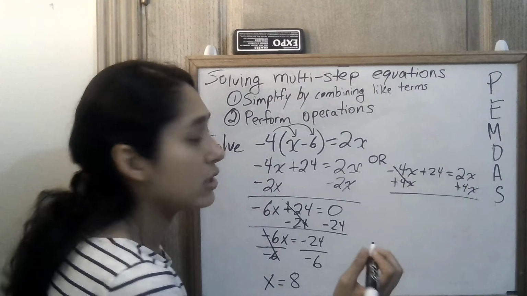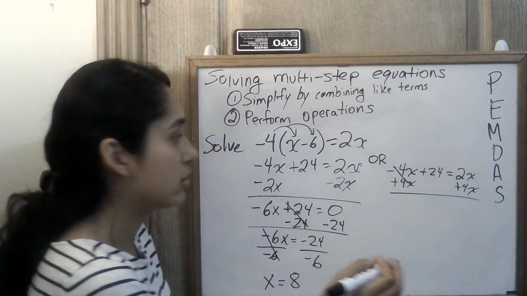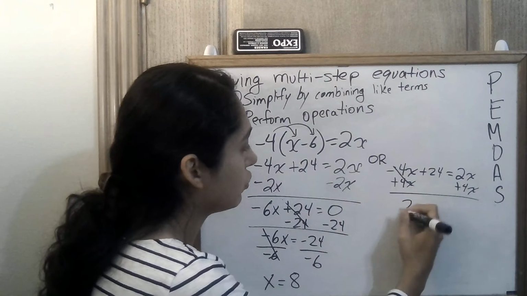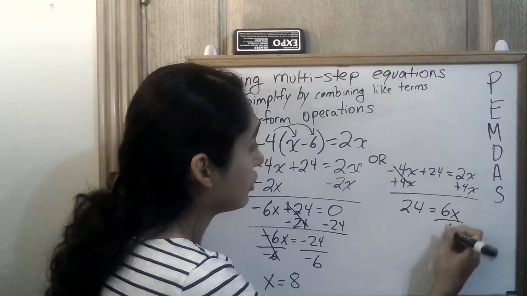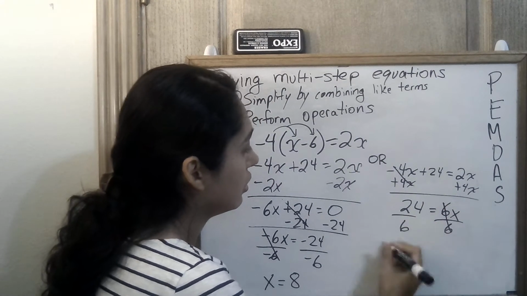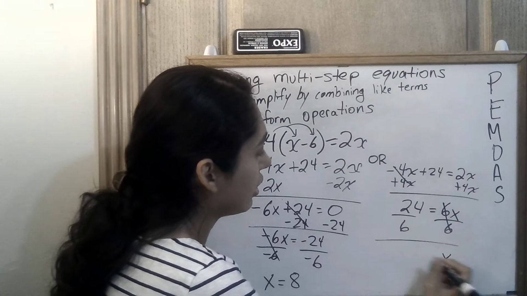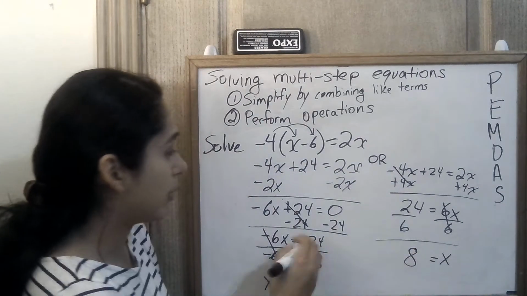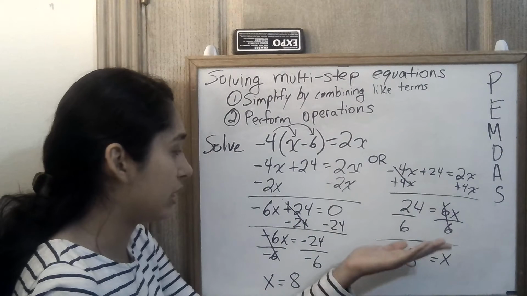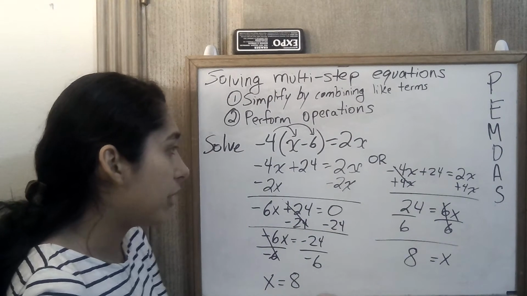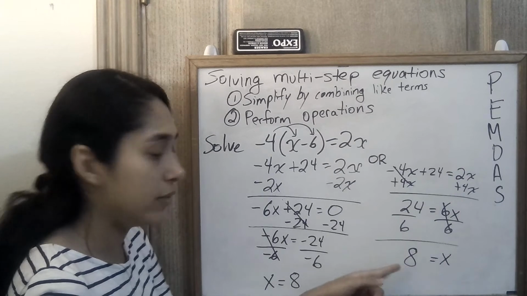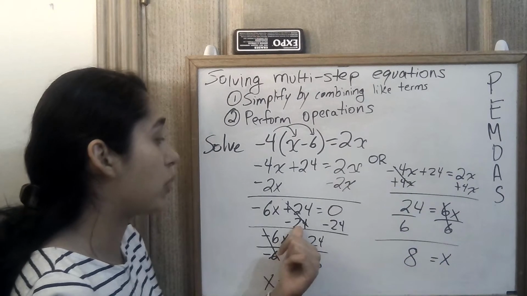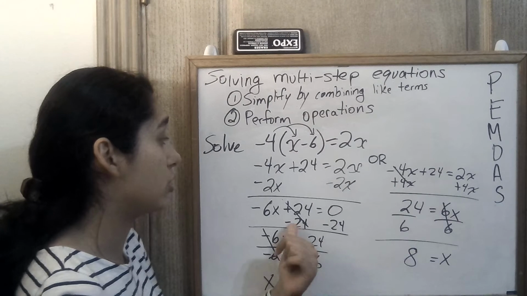If you practice enough, you can end up having foresight. So 24 is equal to 6x, and I just divide by 6. At the end of the day, you still do the same amount of steps, except that I'm not dividing by a negative, and I also don't have to deal with swinging this constant to the other side.